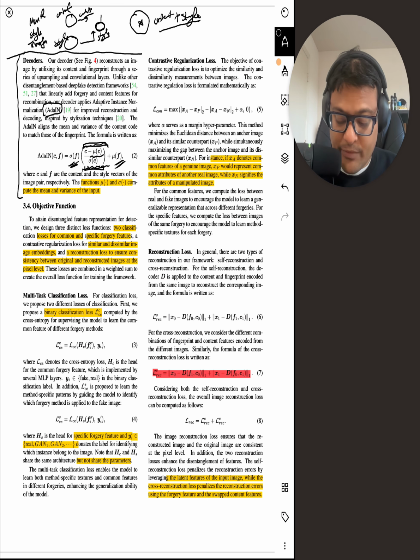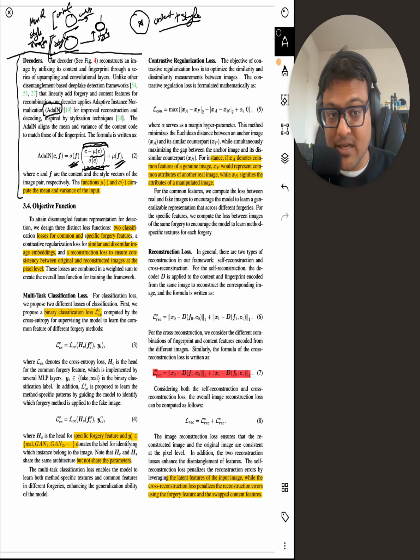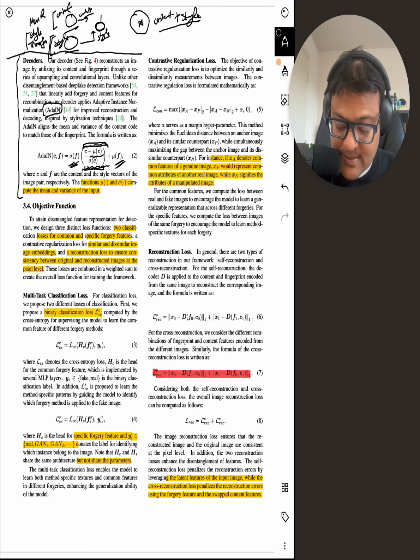It has been found that once you do this sort of normalization, the network is able to generalize to various styles and contents, even to several style images which were never seen during training. That is the key point which these authors are taking in the context of forgery detection, where they are just swapping this style with the forgery features.